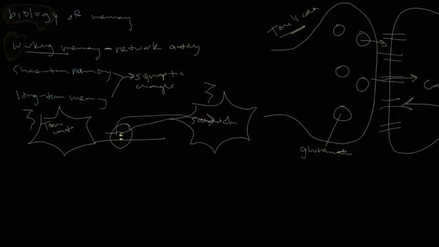So when we're looking back at our diagram here, we have working memory is just network activity. Short-term memory and long-term memory both require synaptic changes and through some of the same machinery. But specifically, short-term memory is going to require receptor insertion, while long-term memory is going to require new protein synthesis.